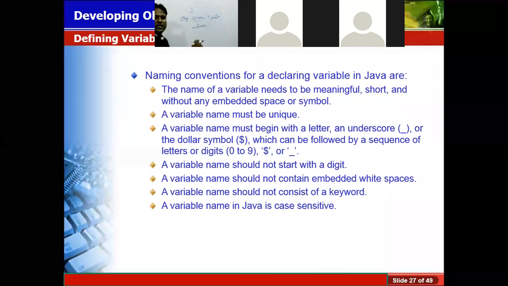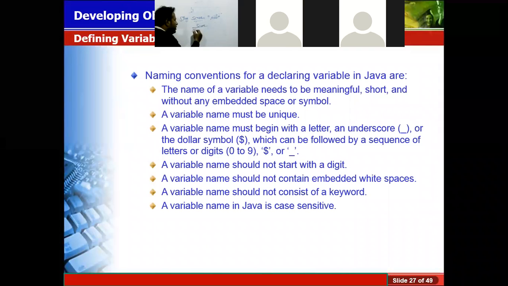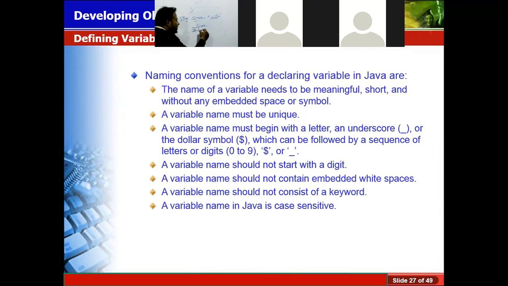If you need a space, if you write student name, it is incorrect. If you require a space, then here you write underscore. Okay. So when you are writing underscore, that means it is a valid value. If you give a space, it is not required.